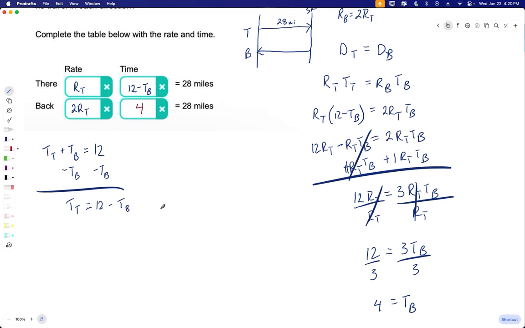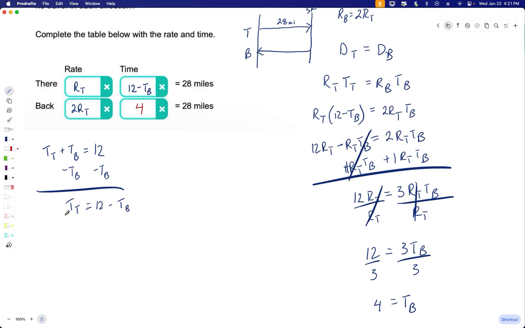Put that in as my solution. That's 4. Then what I need to do is find a value for 4 that is going to give me 28 miles, because I know that's what my total distance is. And I know that 7 times 4 is equal to 28.